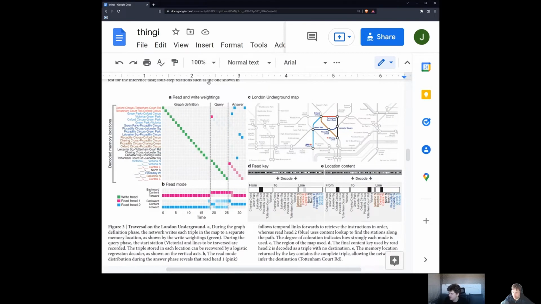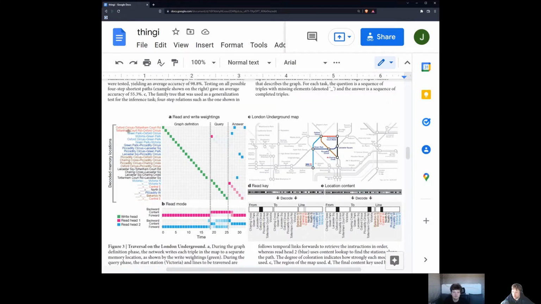Yeah. And then when we get into this with what we were talking about before, first it gets in these triplets. So no, these are decoded. Also, these are decoded memory allocations. I think the colors are what type of line it is.